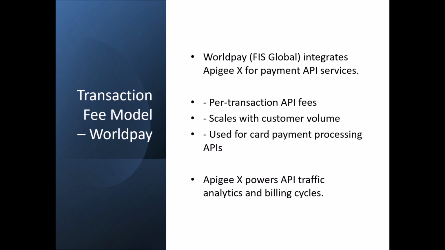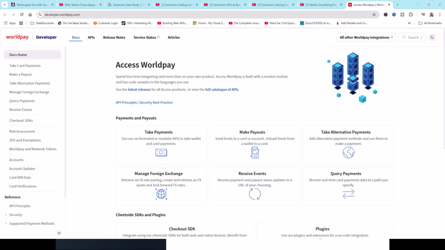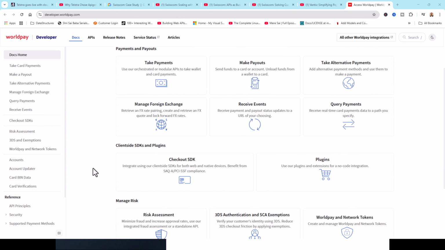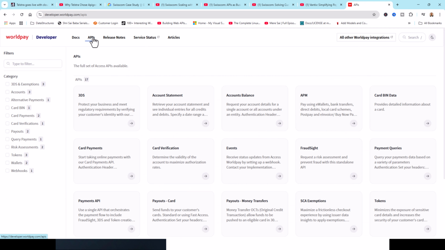So let's see the developer portal for WorldPay. This is the WorldPay developer portal. Access WorldPay docs, take payments, make payouts, take alternative payments, query payments, receive events, foreign exchange, manage foreign exchange. Okay, so client-side SDKs and plugins, and plus there are APIs.